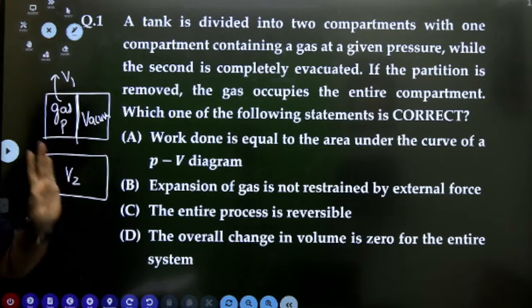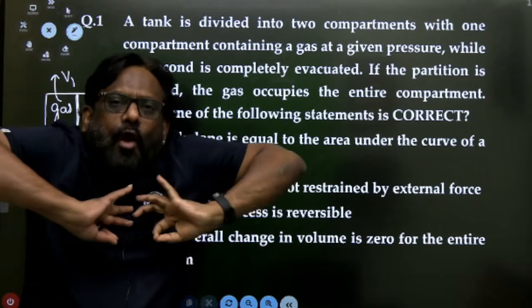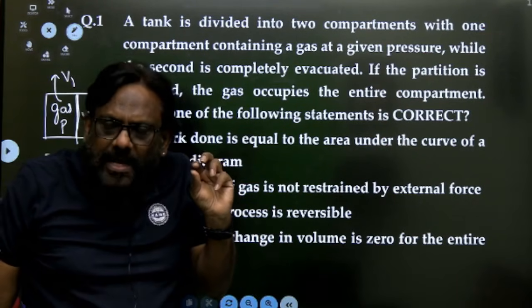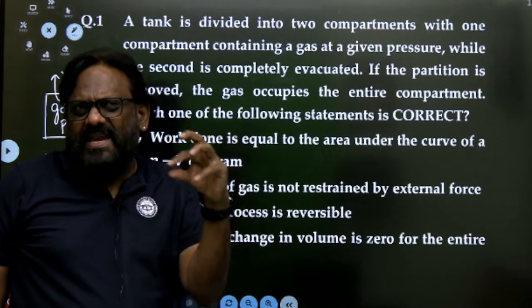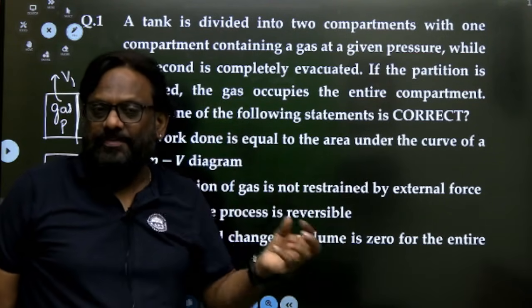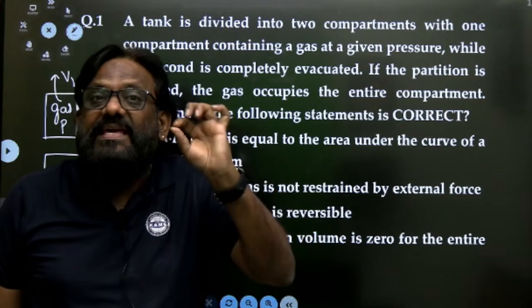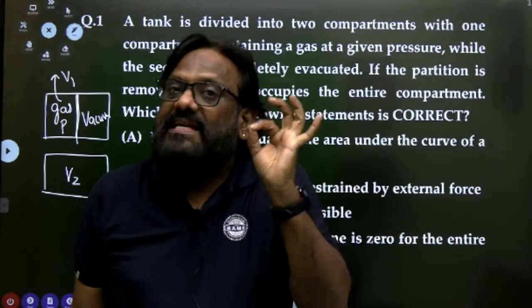As the difference is very high, the process will be so rapid, it expands violently. Matlab, by the time you close your eyes and open them, the process will be over. Means it is not giving any information about the intermediate points. So it is a rapid process. Whenever the process is very rapid and you are not in a position to find equilibrium points, it will be irreversible. So free expansion is irreversible.